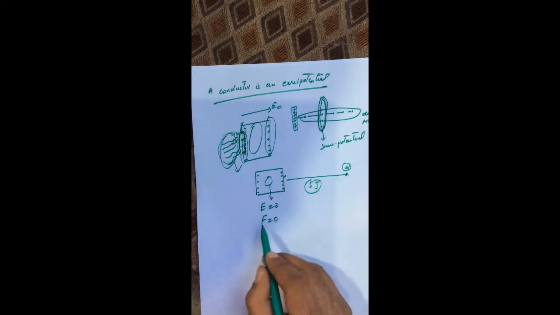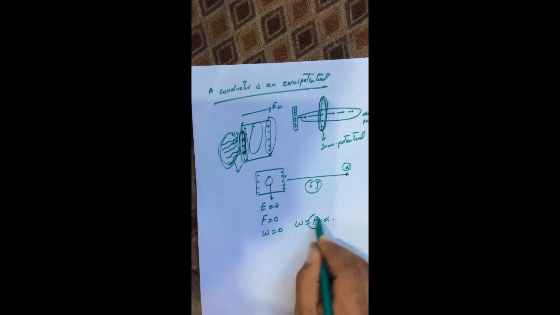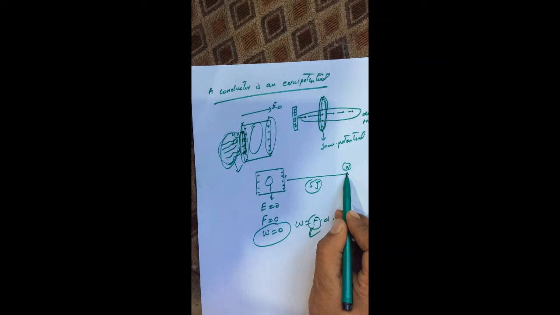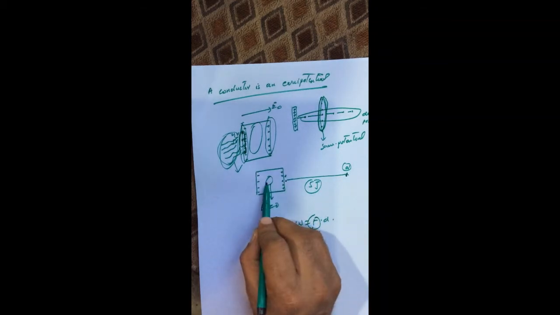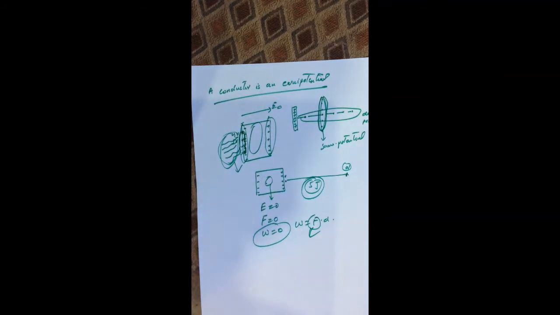If there is no opposing force, we don't need any work, because for work we need force. If F is 0, we don't need any work. So if we bring a charge from infinity to the surface or into the interior, we need the same 5 joule work.